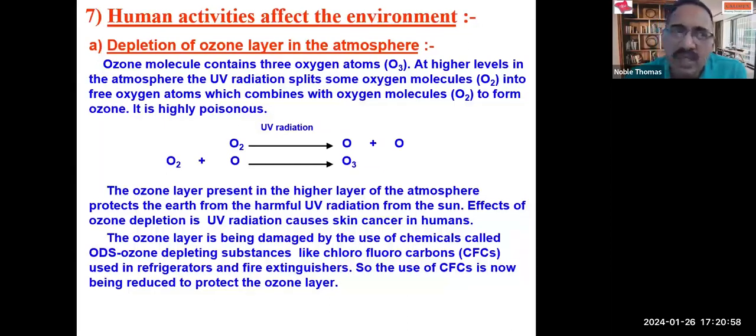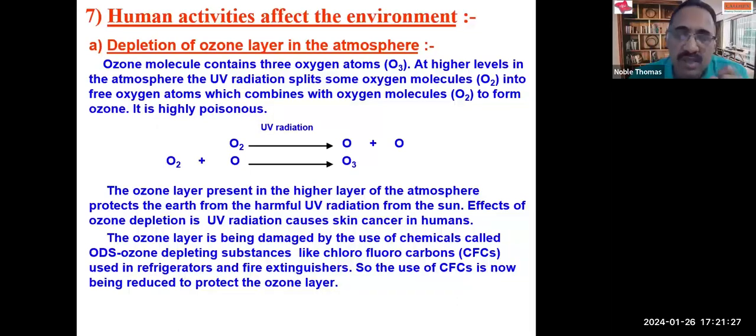But when ultraviolet radiations fall on them, the oxygen molecule breaks into oxygen atoms, and this oxygen atom can combine with another oxygen molecule to form O3. This, when it reaches the stratosphere, there it receives ultraviolet radiations from the sun.